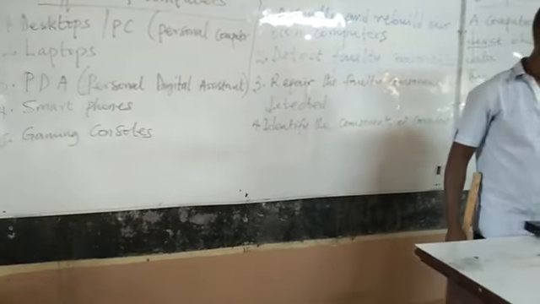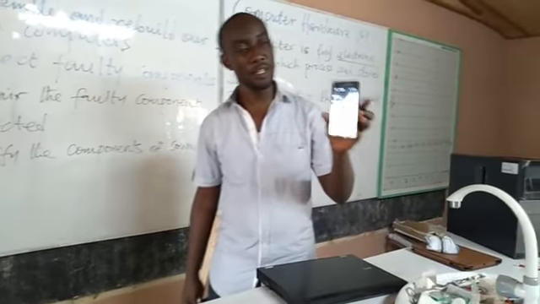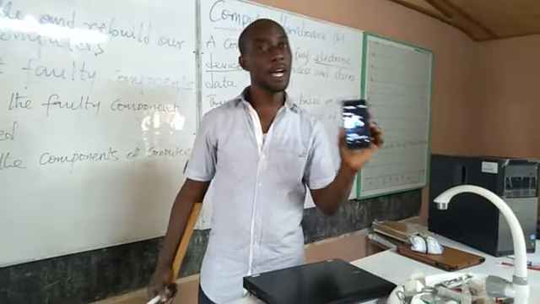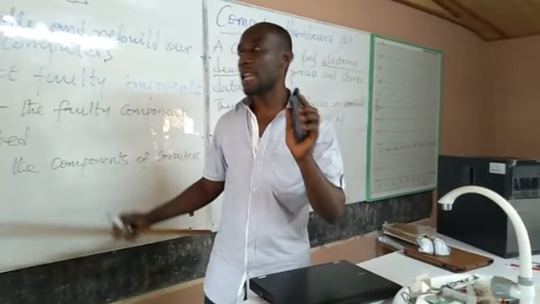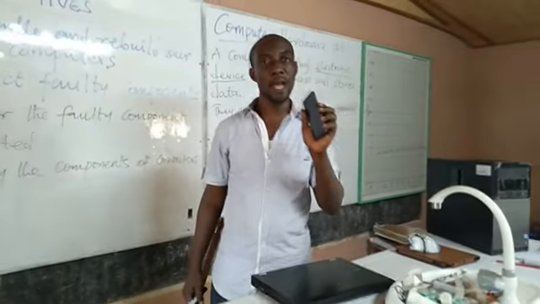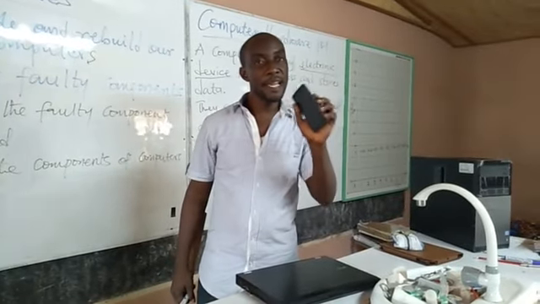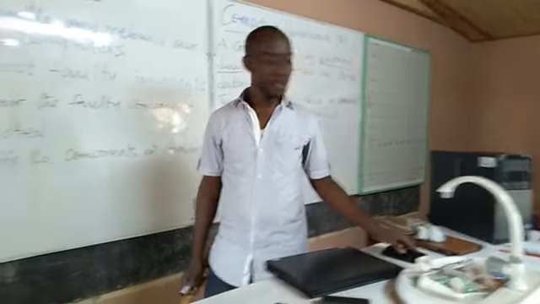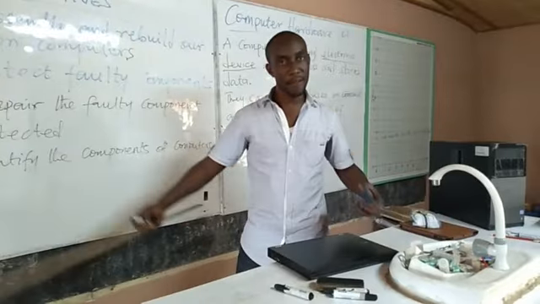We have one here, a Nokia smartphone. We also have Samsung, Itel, Infinix, whatever. They are all considered computers because they process and store information based on inputs given to them. They act like robots. You have to program them and they will work for you.